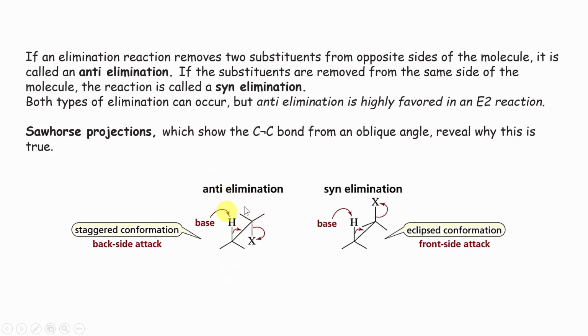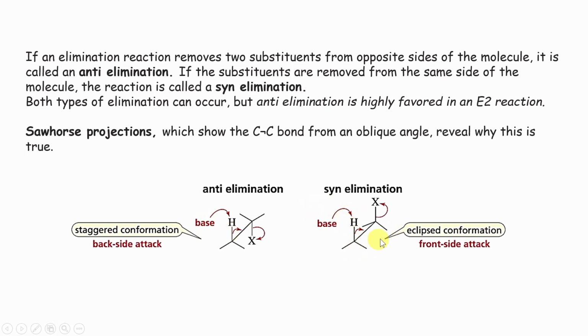In anti-elimination, the base attacks the proton of the beta carbon atom from the backside. It is the more favored staggered conformation, whereby a backside attack of the base to capture the proton from the beta carbon atom is possible.